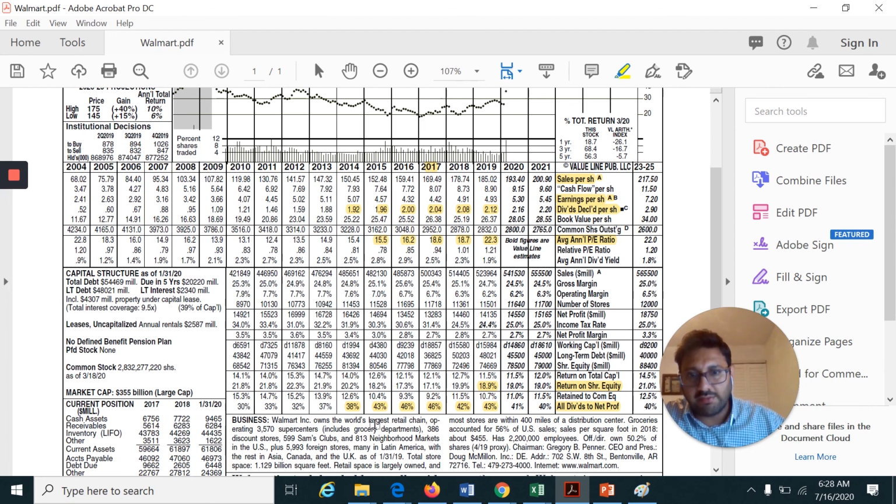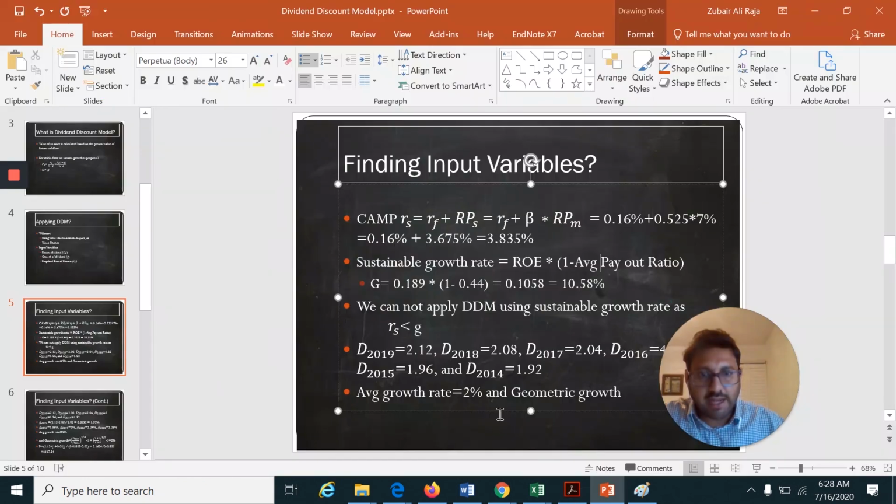Even though 2014 is highlighted, you can leave that. So 5 years of data, add them together and divide by 5. If I do that, I actually get 44%. In decimal, 44% is 0.44. If I do this calculation, I end up getting a growth rate of 10.58%.